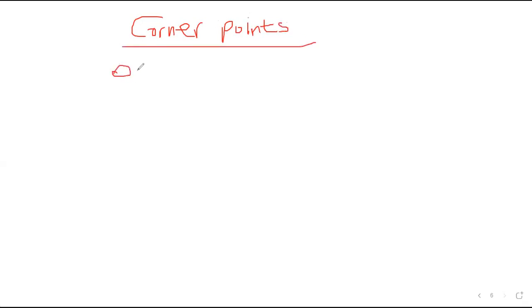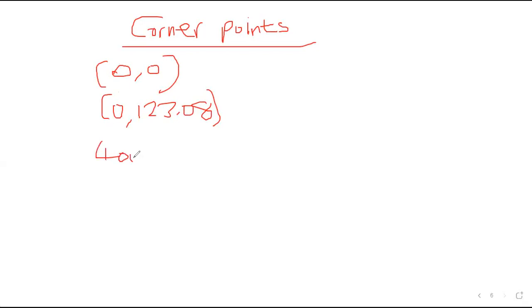So under the corner points, the first one is 0,0, then 0,123.08, and we have also 400,0.